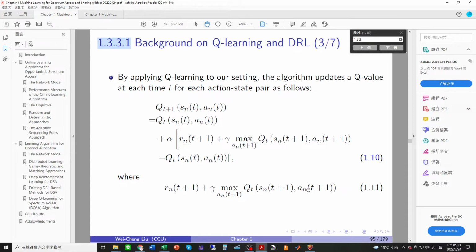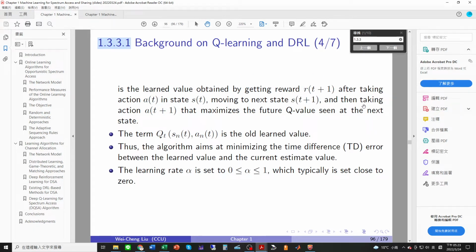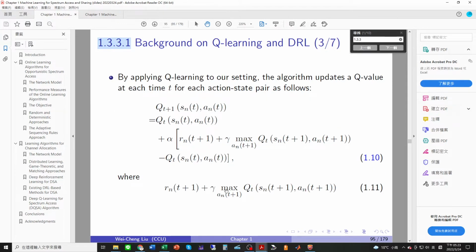Okay, we have said that we take action A of t plus 1 that maximizes the future Q value seen at the next state. So we take this action A of t plus 1 which maximizes this Q value.